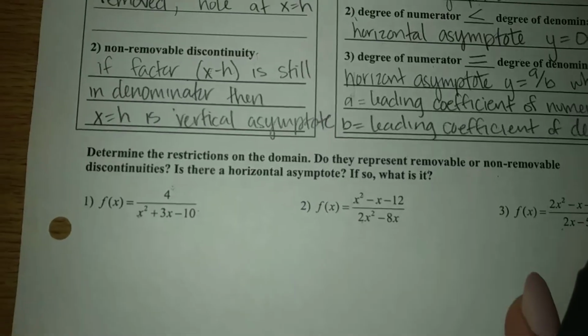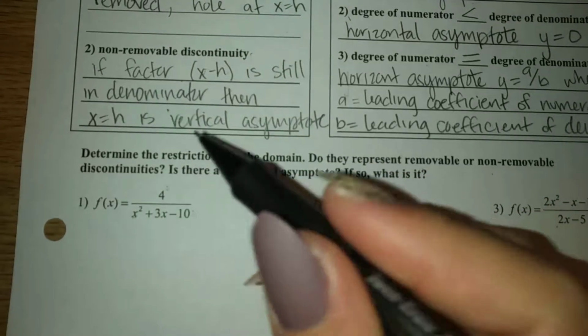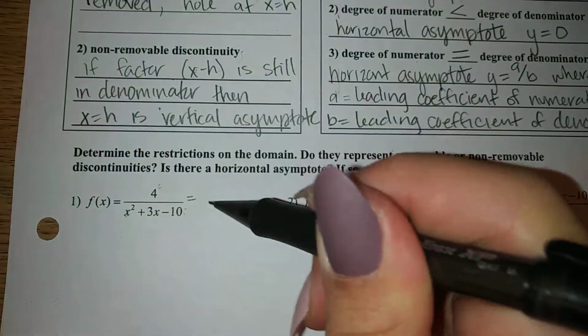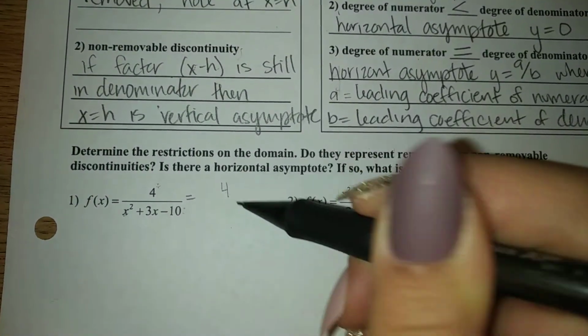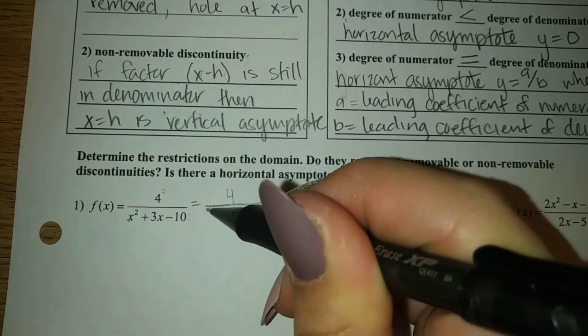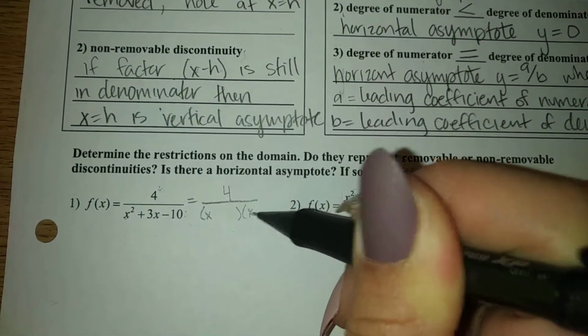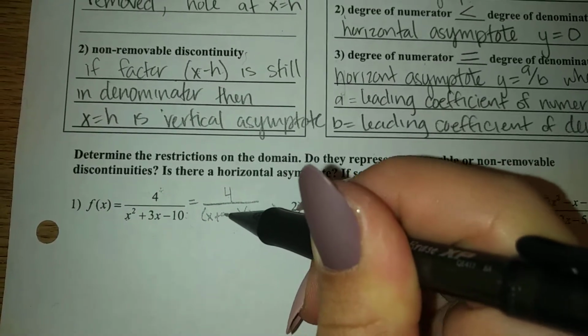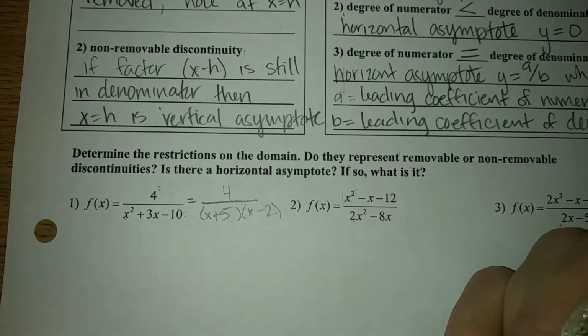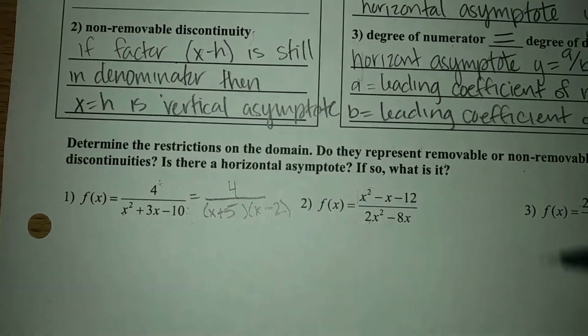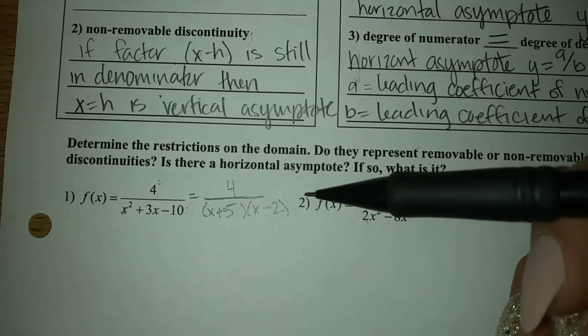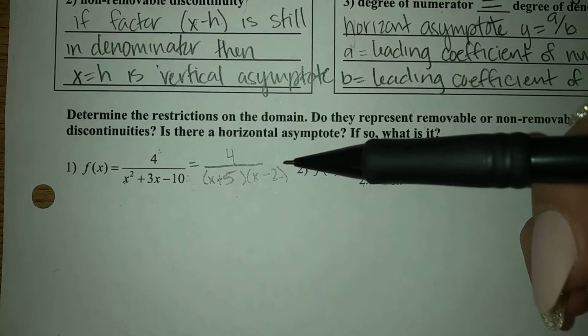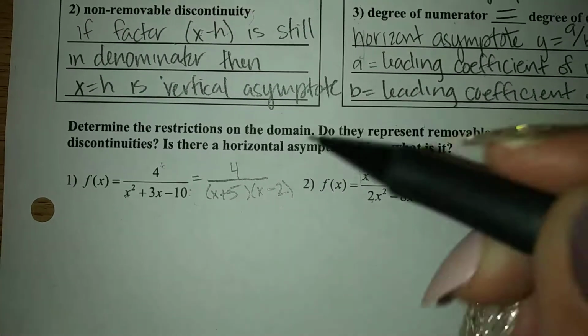So we know that even if we did factor this, we would just have 4 over x plus 5 times x minus 2. Don't ask me how I factored. You know how to factor from 2 units ago.